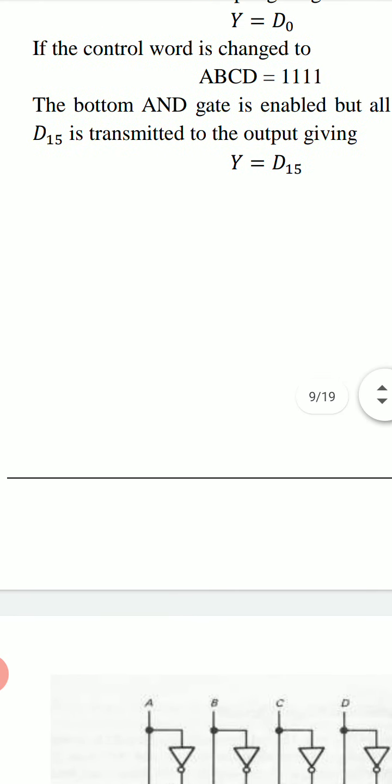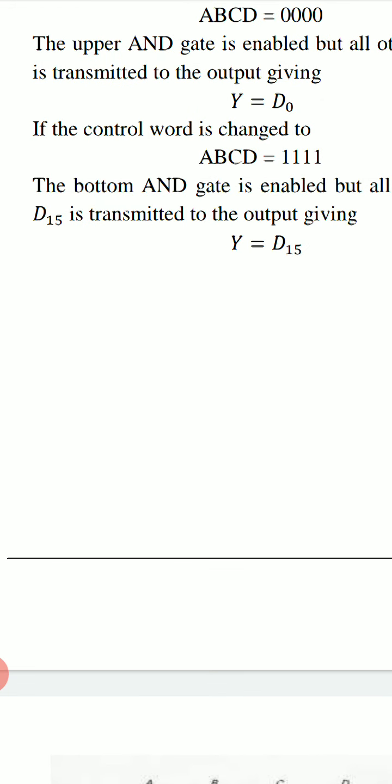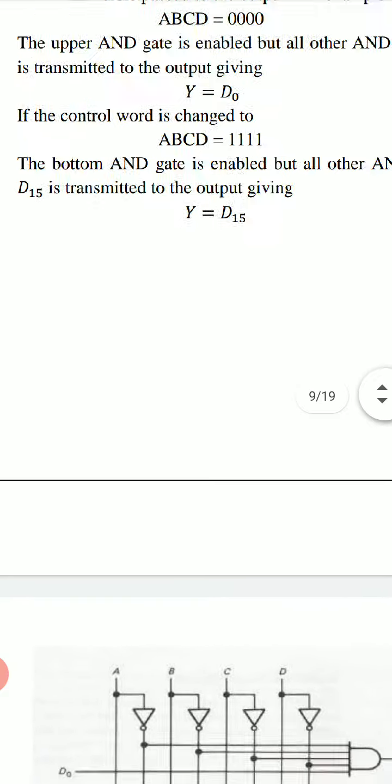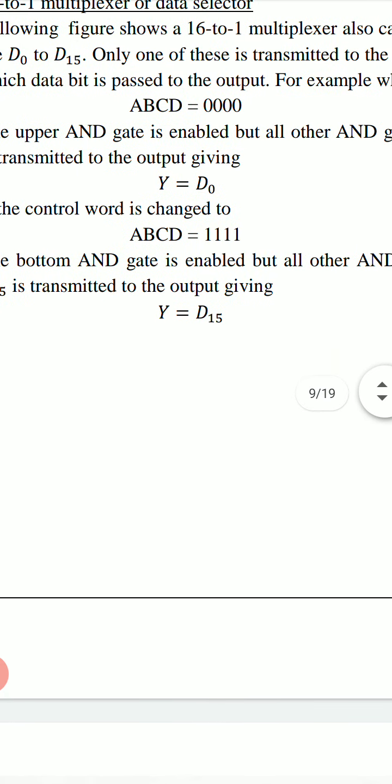So the word obtained at the output Y will be equal to D15. So there are 16 combinations of this input word A, B, C, D from 0, 0, 0, 0 to 1, 1, 1, 1.